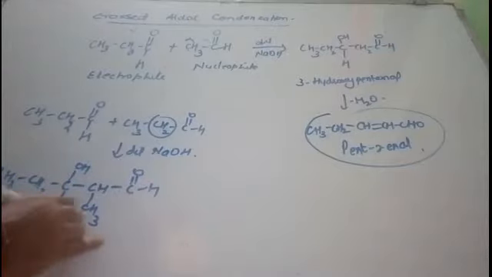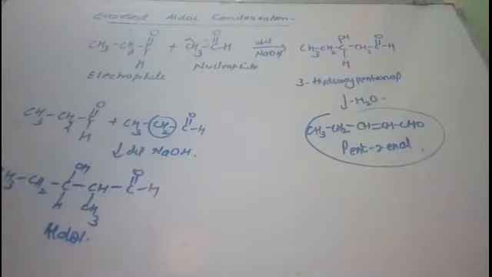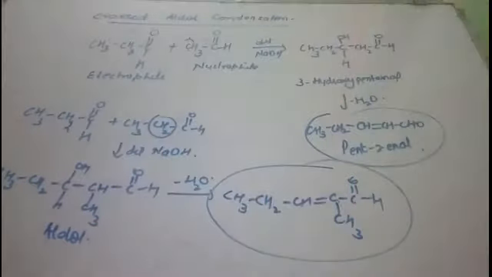You can write the IUPAC name on your own, and then it will lose a water molecule and we will get here an alpha beta unsaturated aldehyde. Okay, so this product will also be formed, and what is the name of the product? This is 2-methyl pentenal. 2-methyl pentenal.